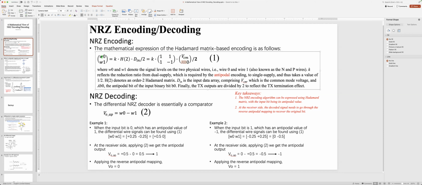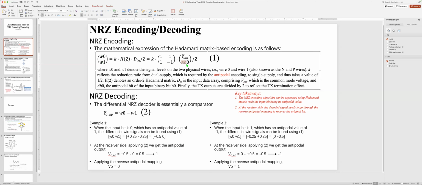Which is the value of wire 0. And for 0 multiplied by 1, minus 1, we also get a 0. So we have both wires at 0 volt. Is that correct? When we are transmitting bit 0, both wires are at 0 volt? No, of course not. It's not correct.